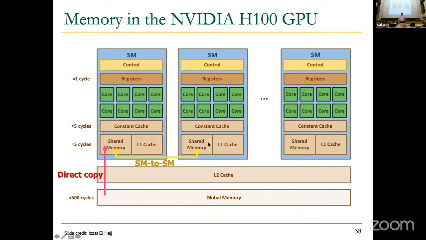So basically, there are a lot of other design decisions that we're not going to tackle. And this is an example, right? What do you expose to the programmer, right? If you expose more, will the programmer do more? If the programmer is an expert, perhaps, but maybe not all programmers. And you can see the relative sizes over here, right? The L2 cache is 60 megabytes, and this is 80 gigabytes, and shared memory, I think we had the number earlier.